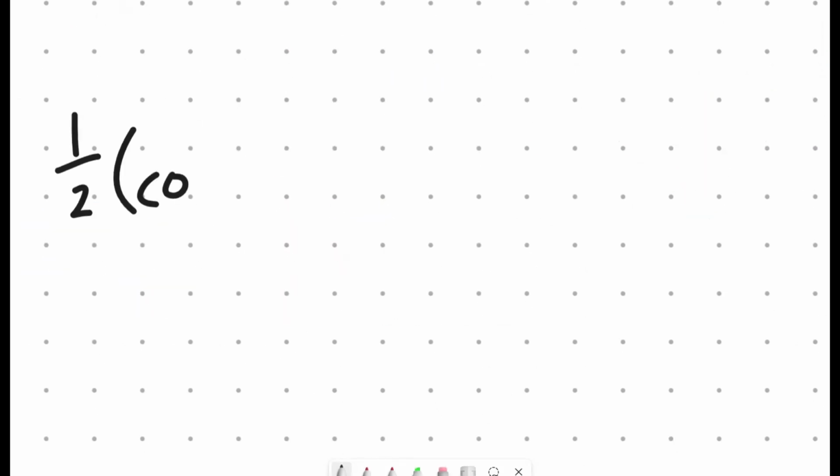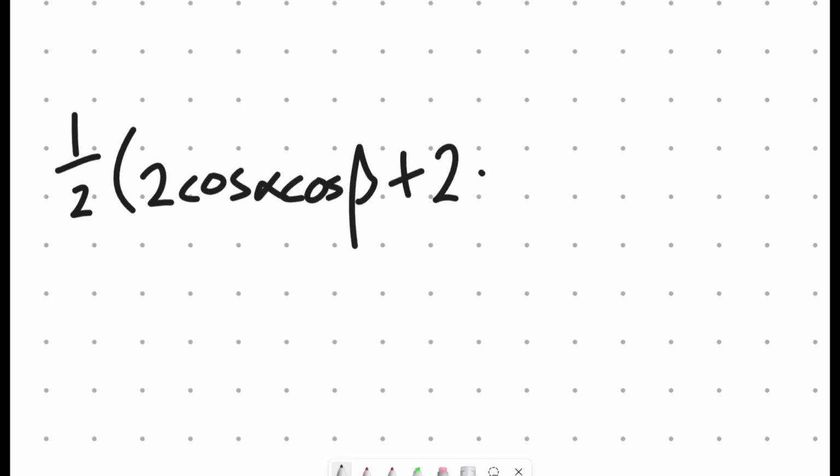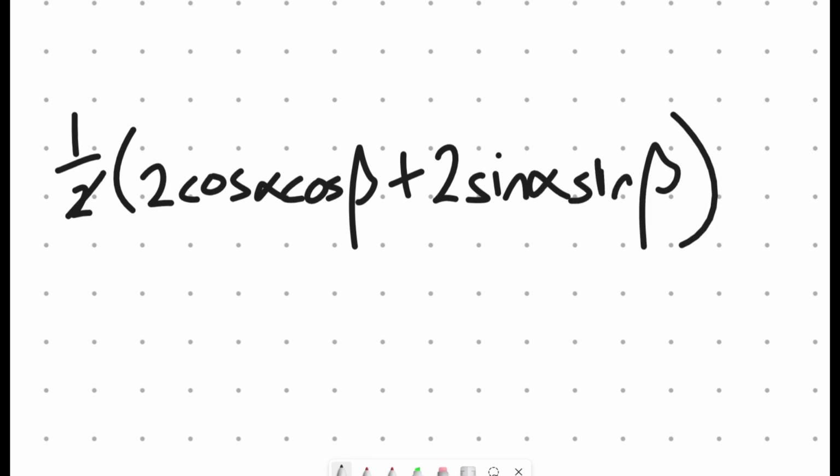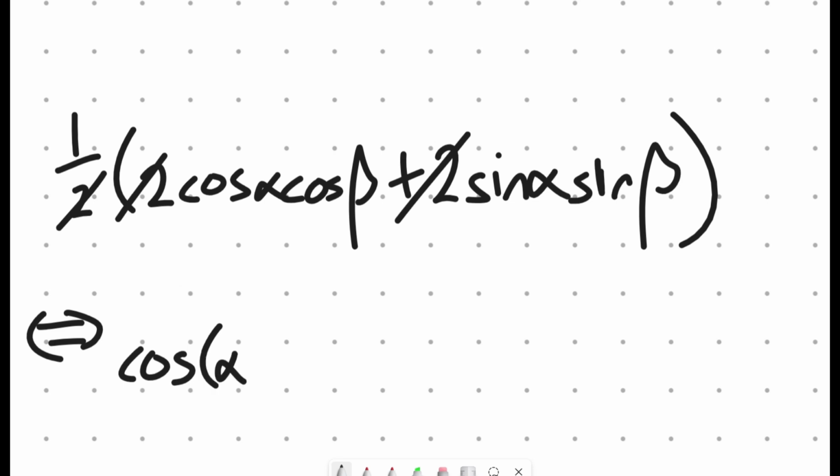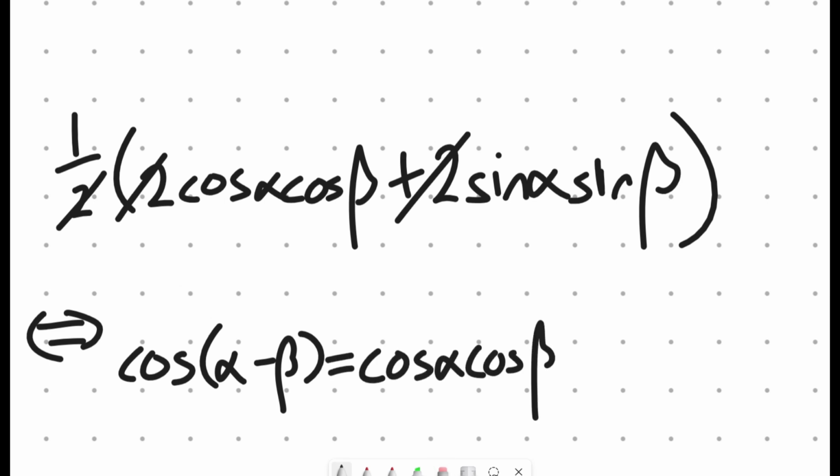So at the end we have 1/2 times 2 cosine alpha cosine beta plus 2 sine alpha sine beta. Since we have two of them and the 1/2 in front of the parentheses, we can cancel them out, and then cosine alpha minus beta is just equal to cosine alpha cosine beta plus sine alpha sine beta.